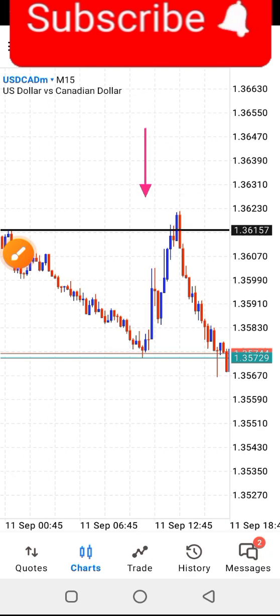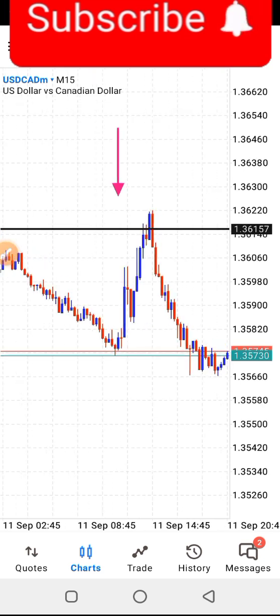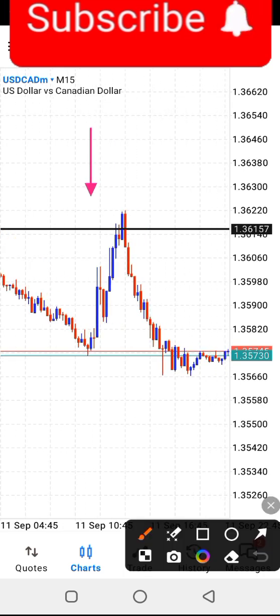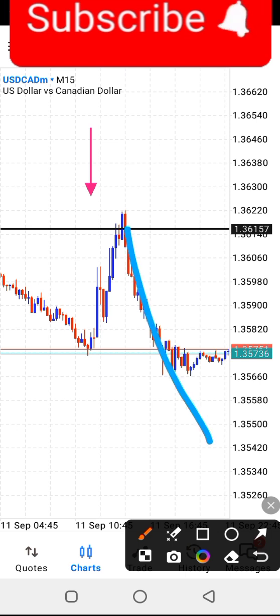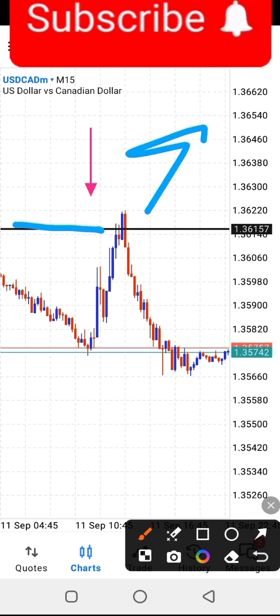So if you're trading support and resistance or supply and demand, let's say support and resistance. If it's supply and demand, you would expect it to actually fall. But support and resistance, you would expect that once this resistance is broken, the price would start moving in the upward direction once a candle closes above it, right?